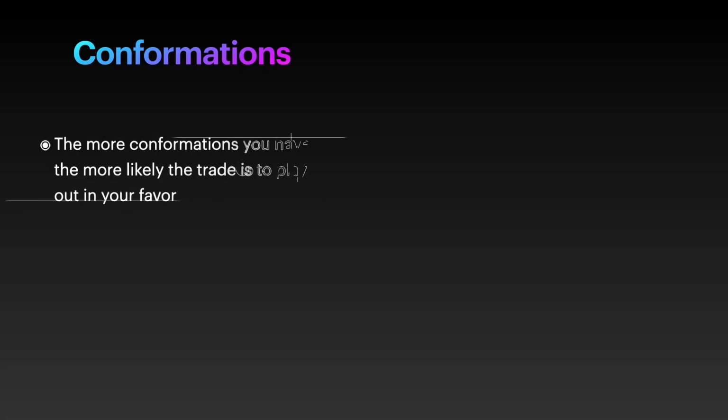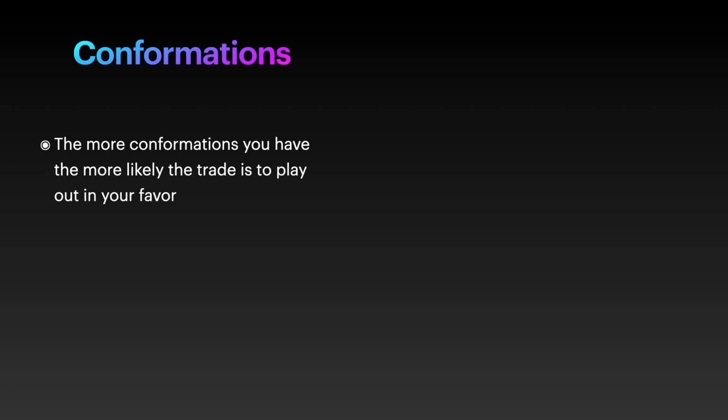So the first set of confirmations is this. The more confirmations you have, the more likely the trade is to play out in your favor. Think about it, right? When you're looking at a trade setup and you have confirmations like pinning to the EMA or divergence on the TDI, followed by the correct timing, the pattern is there, the second leg is in the right box.